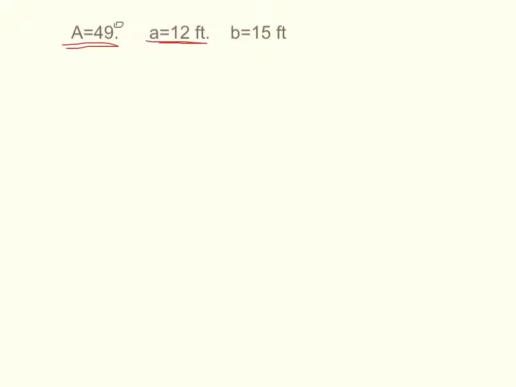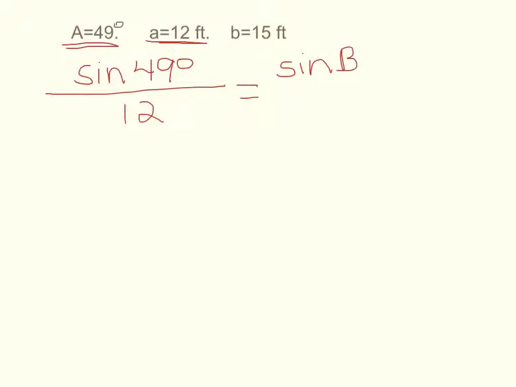So we would start with the law of sines because we have that pairing, and we want to find angle B. I'm going to put the sine of the angles in the numerator. Sine of 49 degrees over 12 is equal to the sine of angle B over 15.